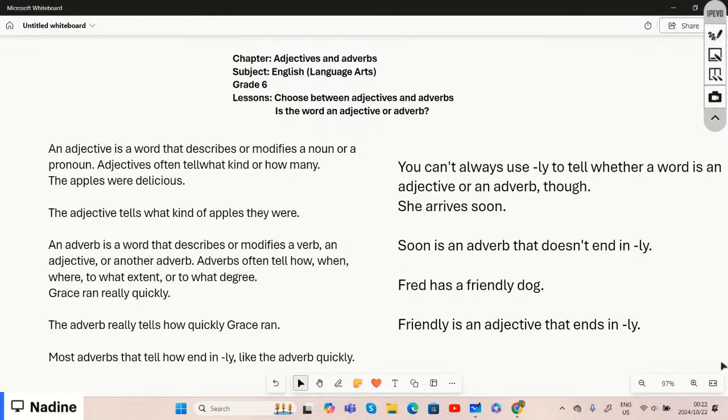So now, before we go to aplusstudents.ca, we see that an adjective is a word that describes or modifies a noun, or it describes, modifies a pronoun. Adjectives often tell us what kind, or adjectives even tell us how many.